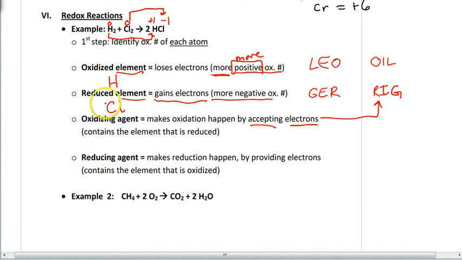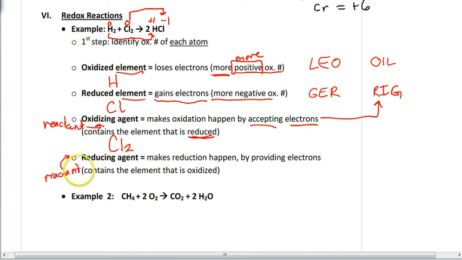So the element being reduced is found in the oxidizing agent. Here, the reduced element was chlorine, and it is found in Cl2. This has to be a reactant. You always look at your reactant side. The oxidizing agent is the reactant that contains the element reduced, and the reactant that contains the element oxidized is the reducing agent.